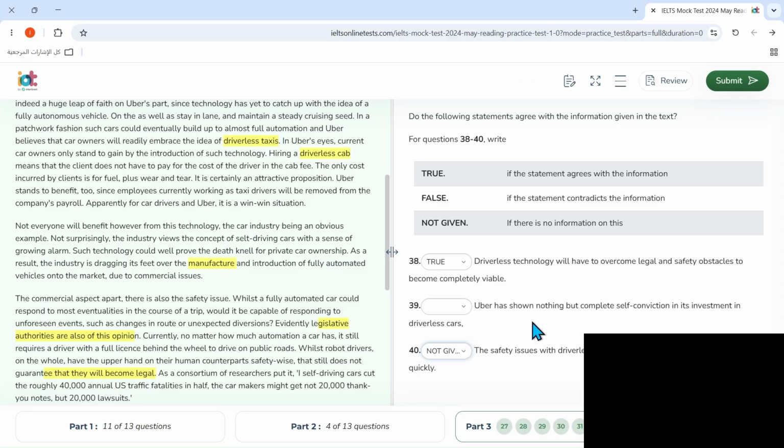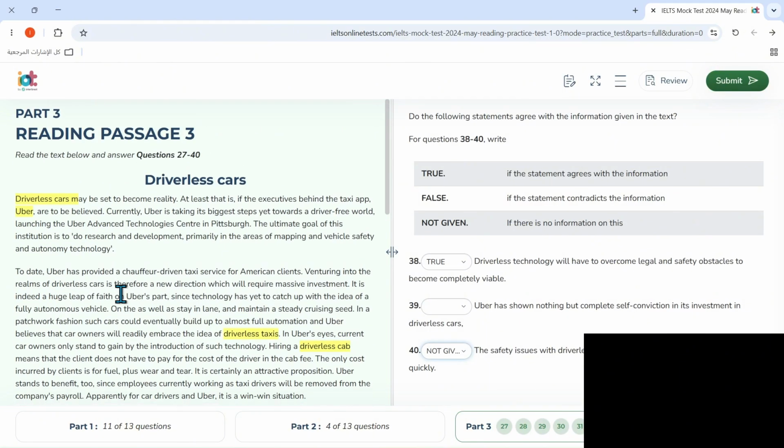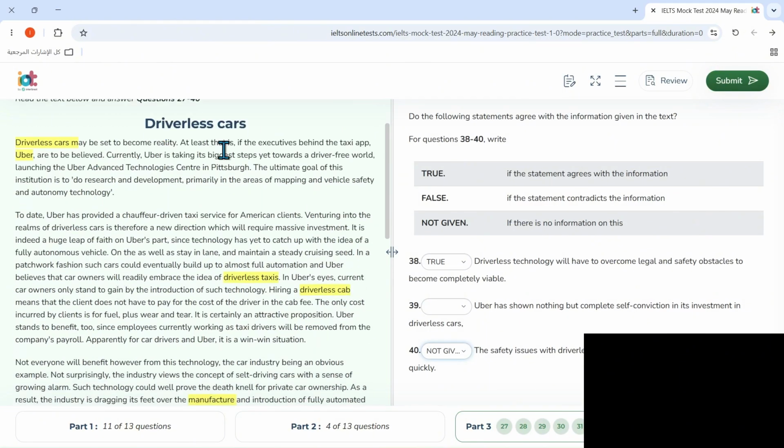Uber has shown nothing but complete self-conviction in its investment in driverless cars. Its biggest steps yet towards a driver-free world.